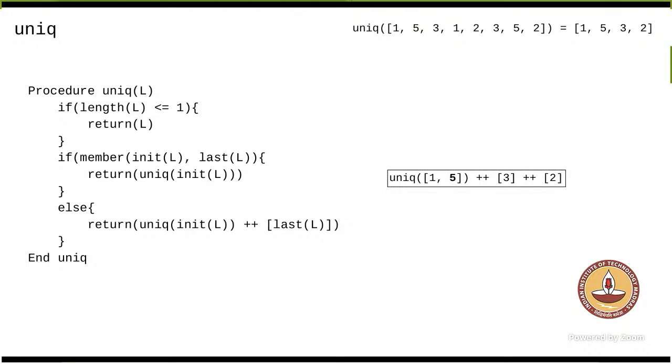Similarly, unique of 1 is 1. So it will return 1 5 3 2. Okay, that's correct. So that's good.